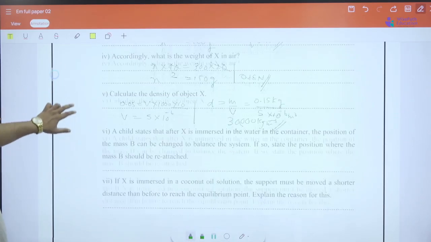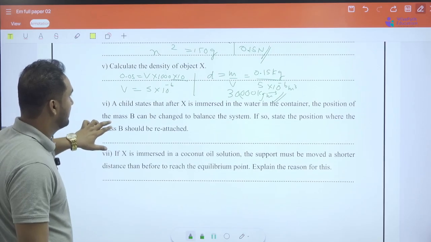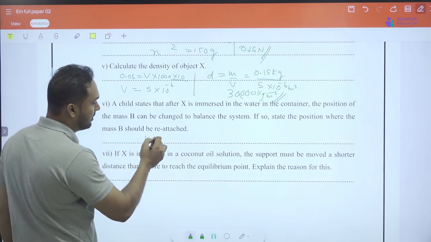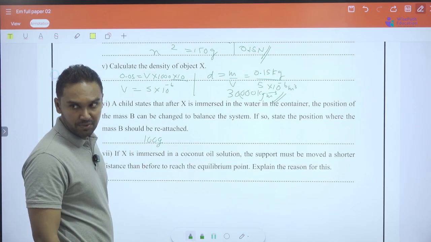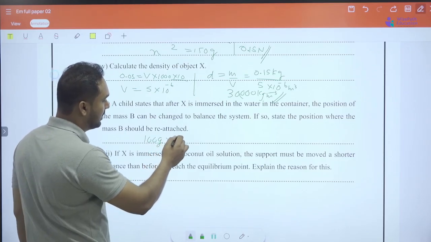A child states that after X is immersed in the water in the container, the position of the mass B can be changed to balance the system. If so, state the position where the mass B should be reattached. So if you are changing the mass position, now the weight is 100 grams because of the upthrust, and the length of X was 40.